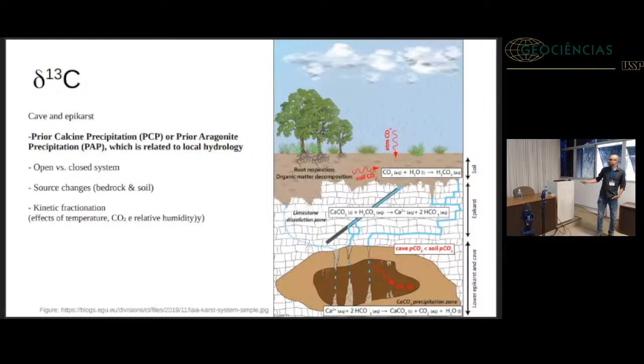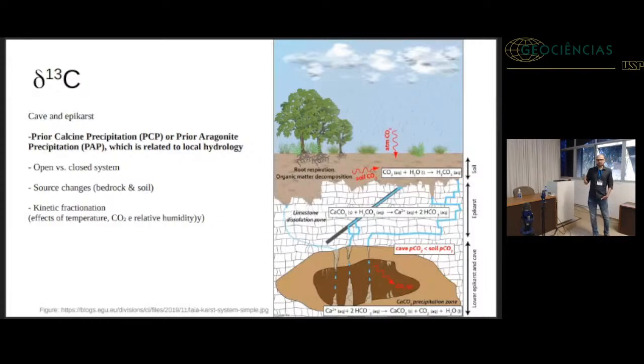This happens in the roof of your cave, in the ceiling, when the dripping water finds the atmosphere inside of the cave. Usually the atmosphere inside of the cave has less CO2 than your solution. Then you have the degassing of CO2 here. You start to precipitate your stalactite, which concentrates more carbon-12 here, and you release more carbon-13 to your stalagmite.